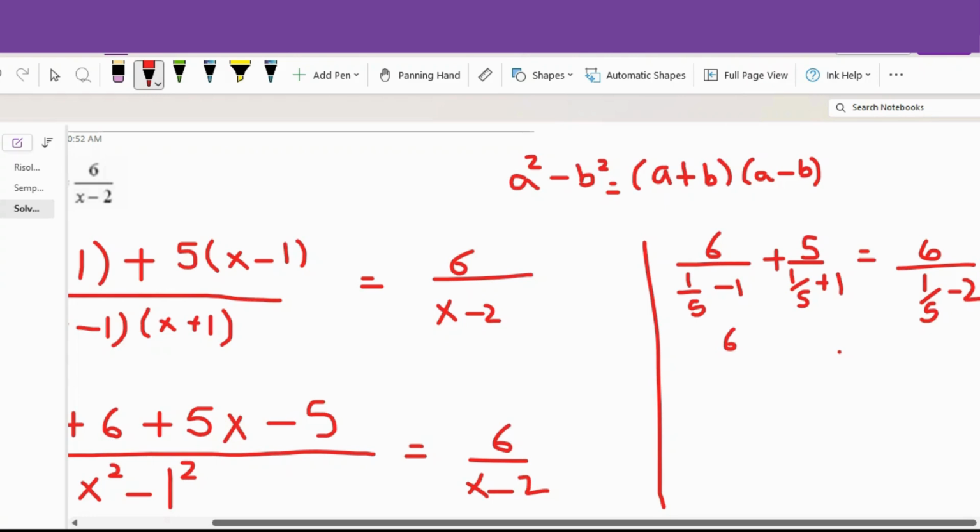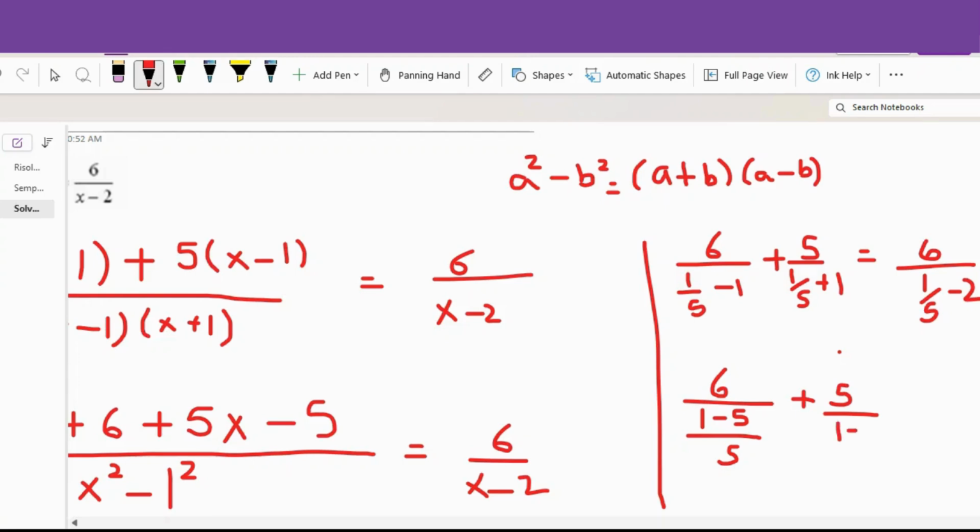If you see that there is an LCM in the bottom, you would solve according to the LCM. So it's going to become 1 minus 5 out of 5 plus 5 out of 1 plus 5 out of 5.